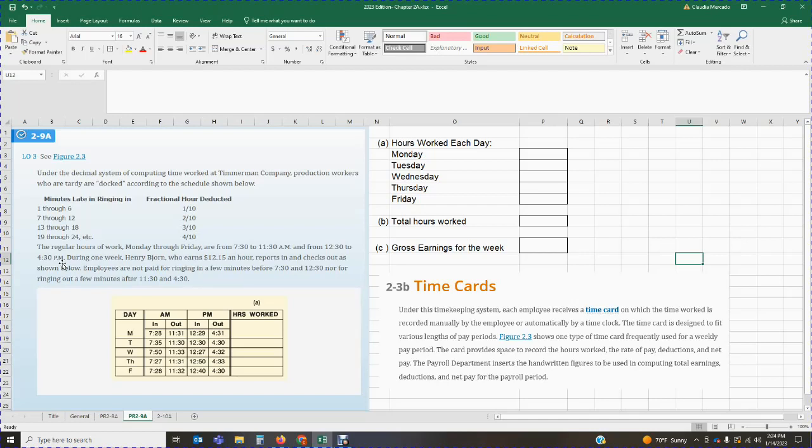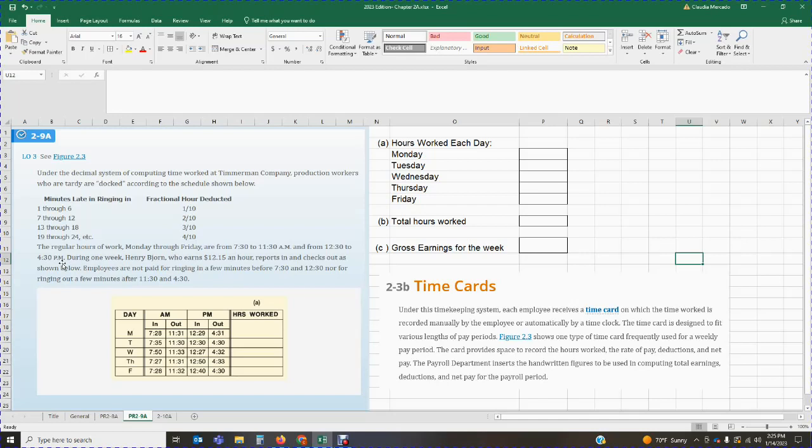It says that during 1 week, Henry Bajorn, who earns $12.15 an hour, reports in and checks out as follows. This is very important: employees are not paid for ringing in a few minutes before 7:30 and 12:30, nor for ringing out a few minutes after 11:30 and 4:30.